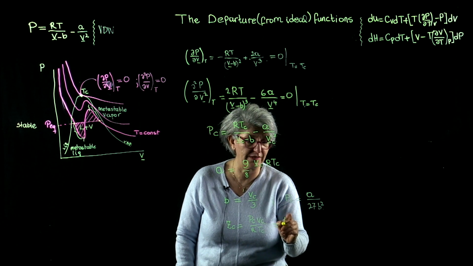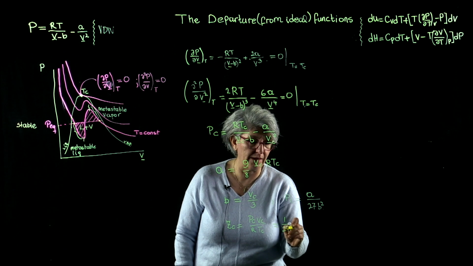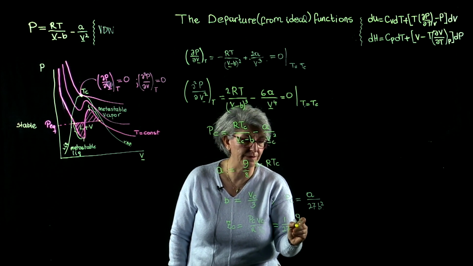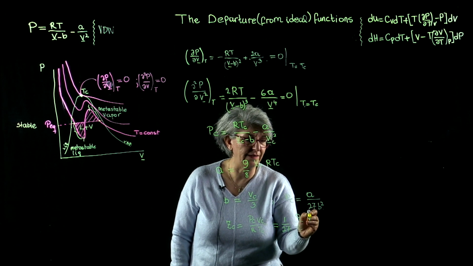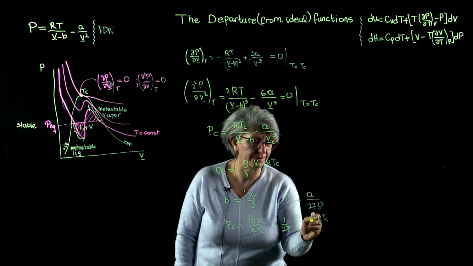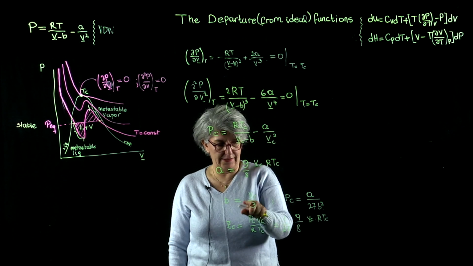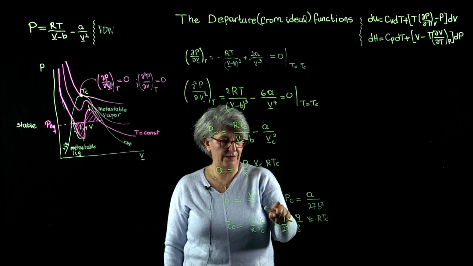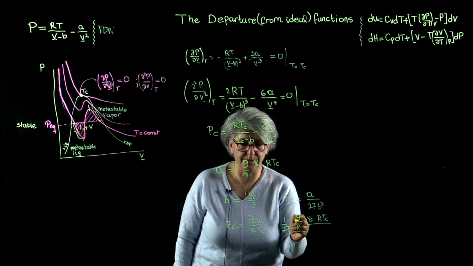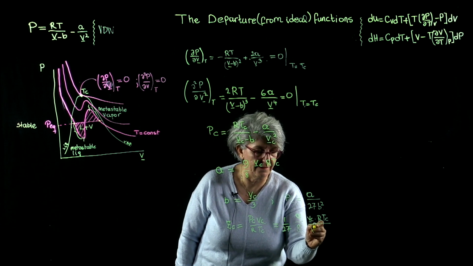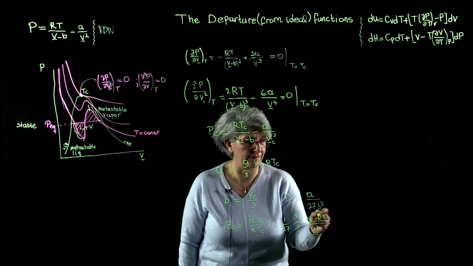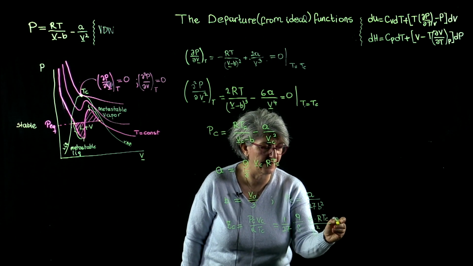So 1 over 27 of A, which is 9 over 8, V critical times RT critical divided by B squared, divided by V critical square multiplied by 9.